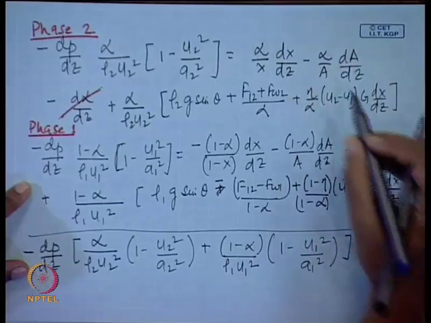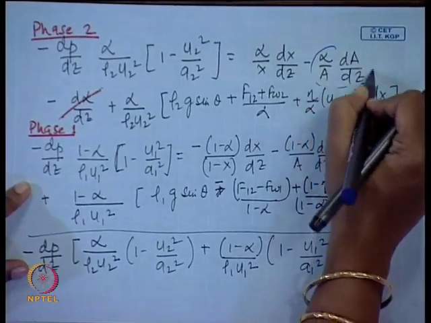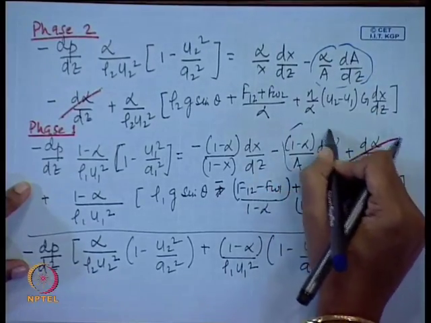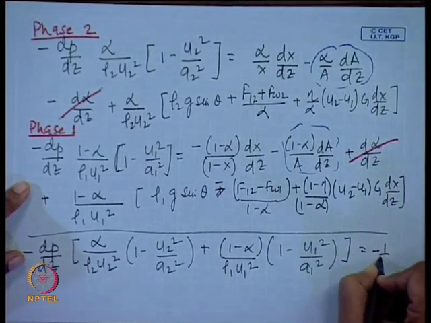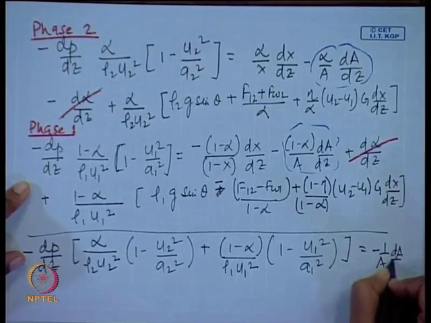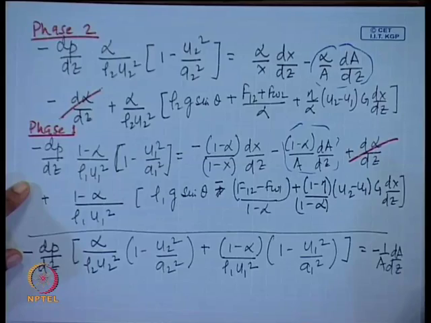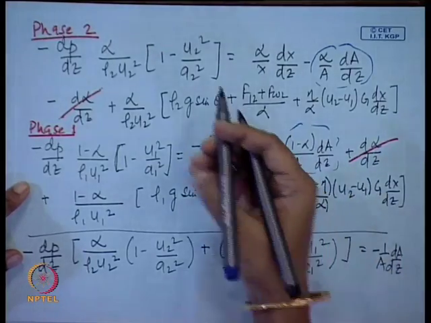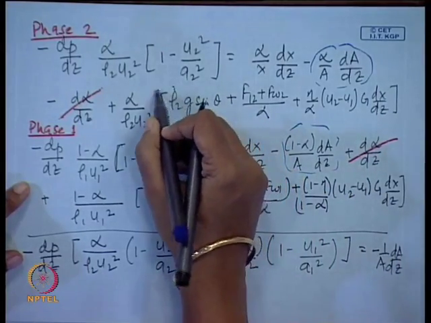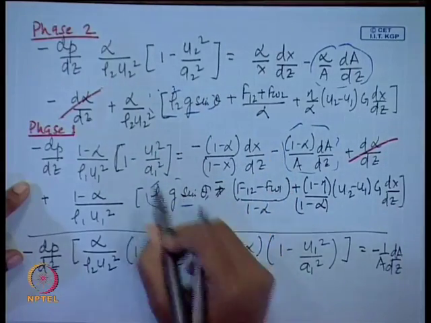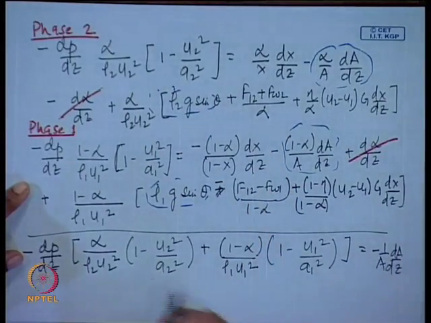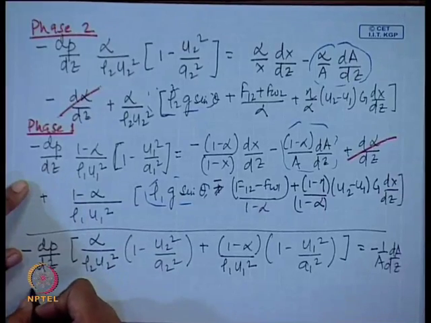Okay. So, by adding up this particular term and this particular term, we get minus 1 by A dA dz, correct. Same thing if you take the rho 2, this particular term, this g sin theta, and if you take this particular term, then in that case what do you get?